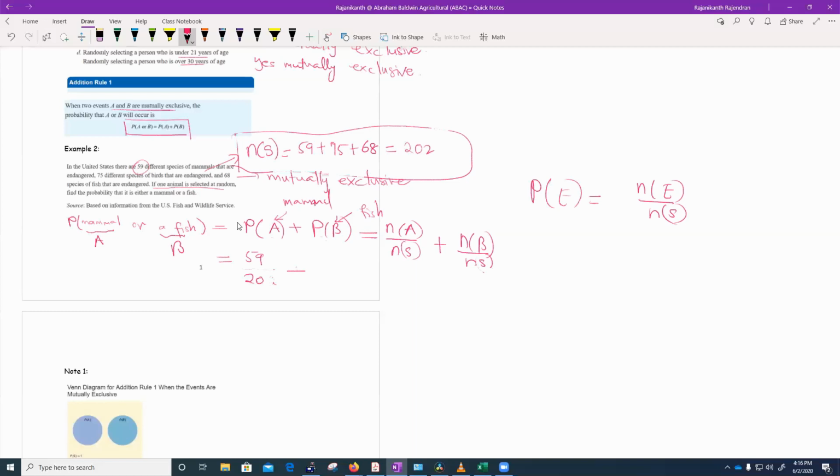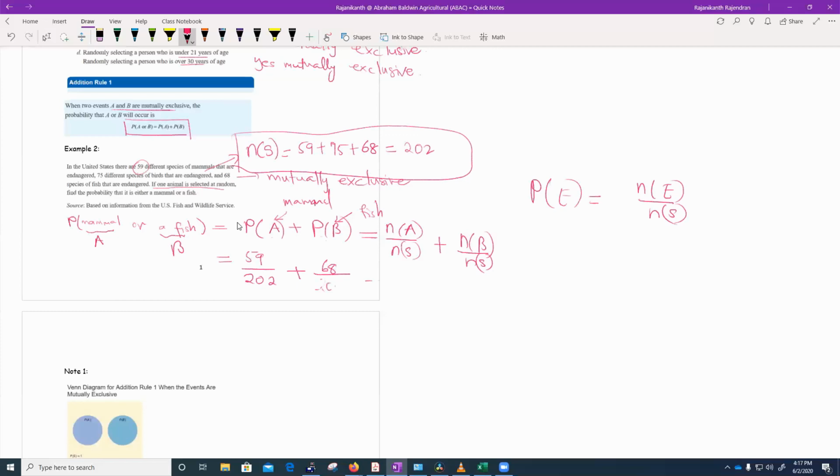Then plus P of B is n of B, the number of outcomes in my event B. My event B is selecting a fish. So how many fish do we have? There are 68. Therefore, 68 possibilities are there to choose one fish, over 202.